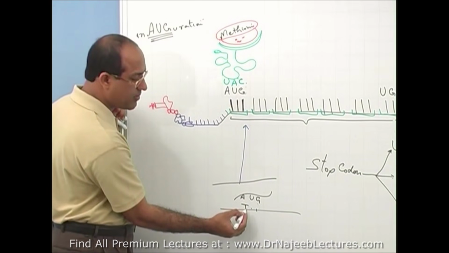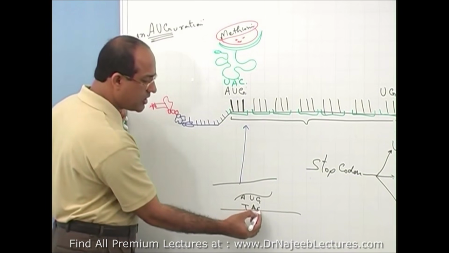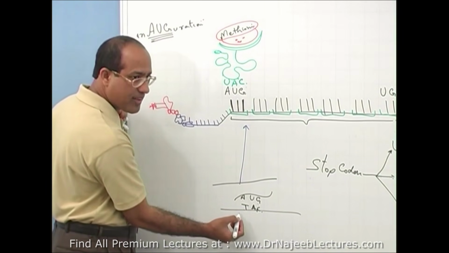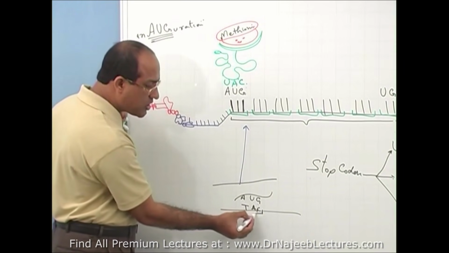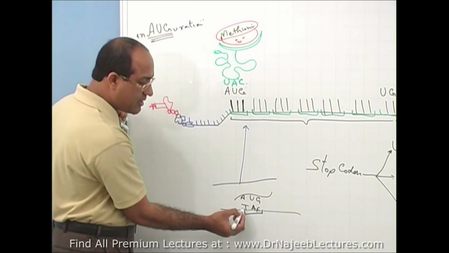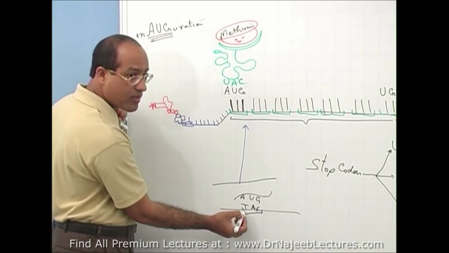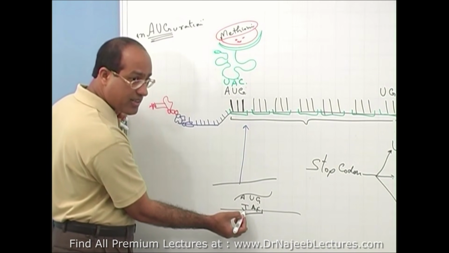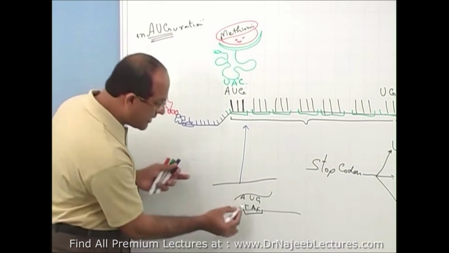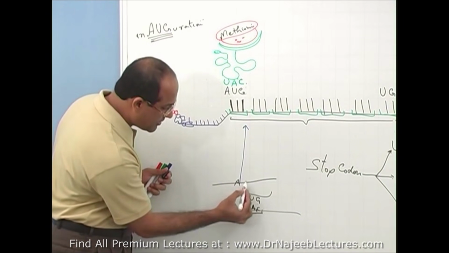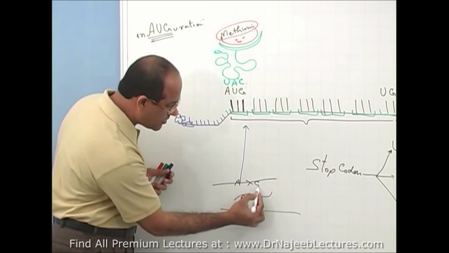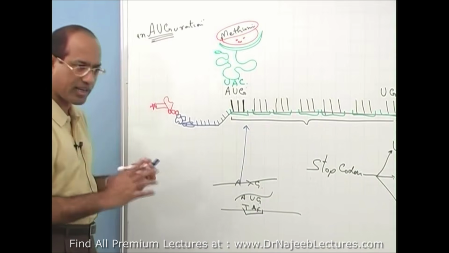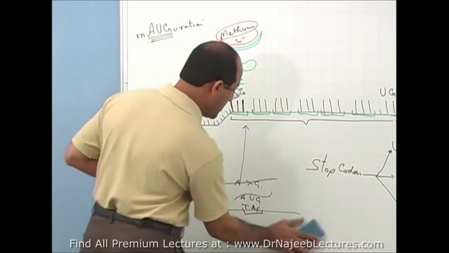There must be T, A, C, TAC. So it means in DNA original codon was TAC in the template, and anti-template had A, T, G.